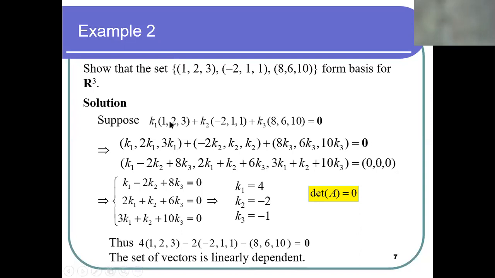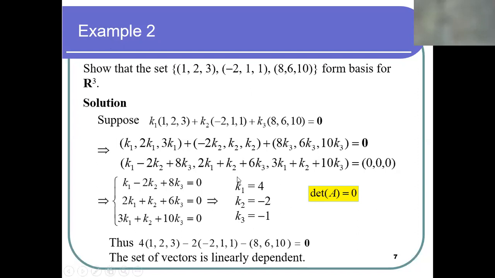If you put all the values over here, the equation of linear independence, if you recall the lecture, you just transform this equation into a system of equations in terms of ki's. If you solve this, you get the k1, k2, k3 values.